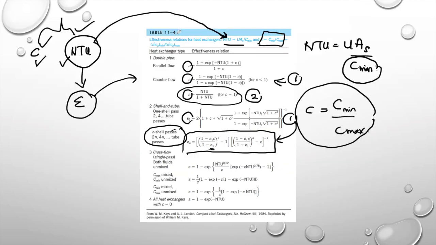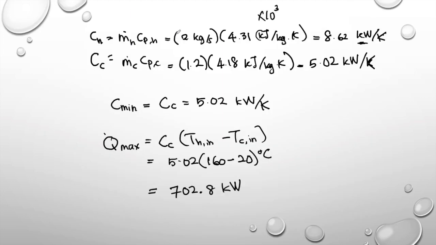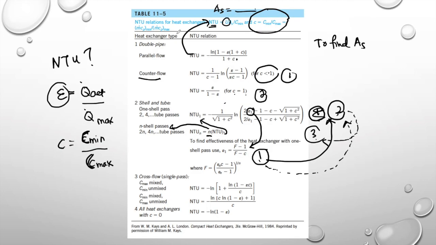So, how to calculate effectiveness? We have another equation for the effectiveness, where the effectiveness is Q dot actual over Q dot maximum. So we can actually find the effectiveness. Previously we did not know how to calculate NTU because we do not have enough information.